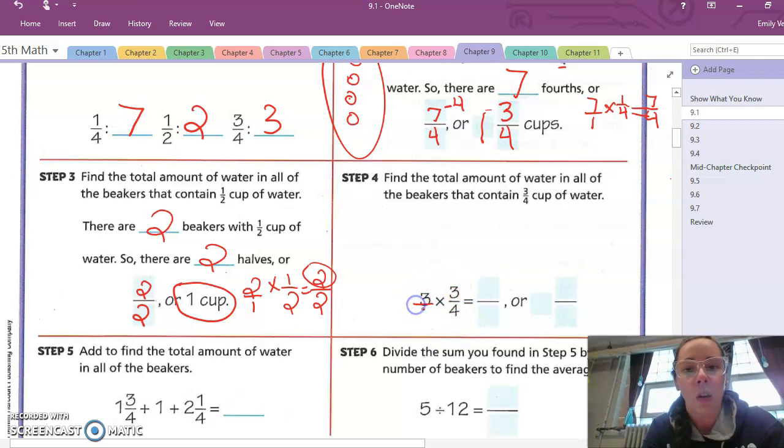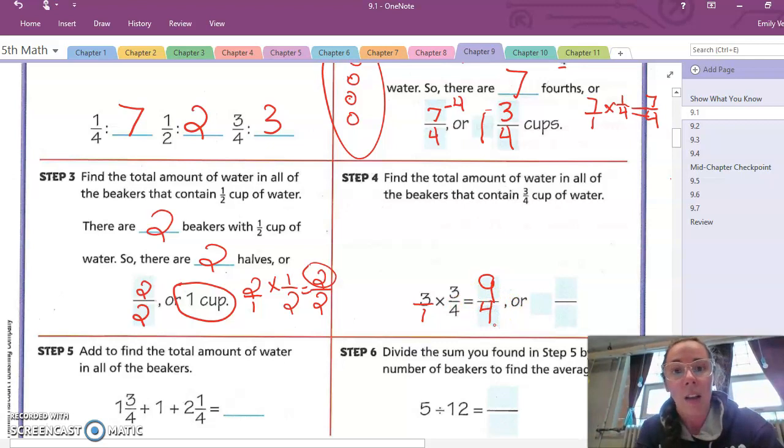Put your 3 over 1. 3 times 3 is 9. 1 times 4 is 4. And now I have to simplify. How many times can 4 go into 9? Goes in 2 times. 4 times 2 is 8. I'm going to subtract out what we already have. 9 minus 8 is 1. Keep your denominator.